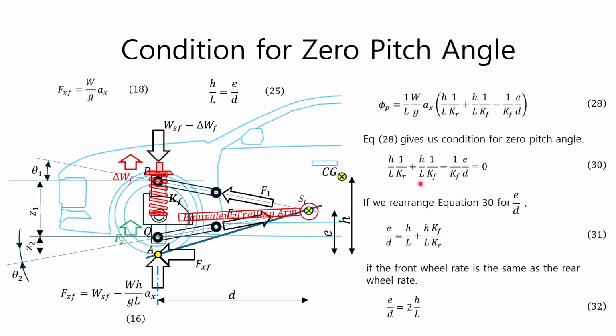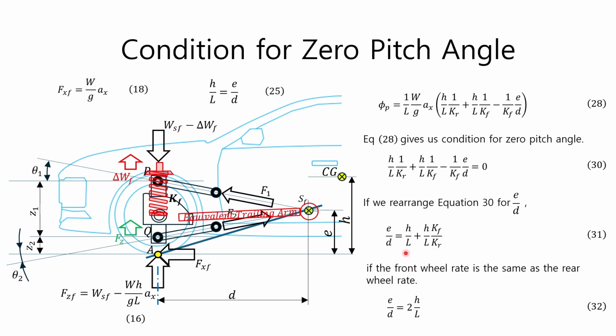If we rearrange equation 30 for the ratio of E to D, we can obtain equation 31. The first term on the right side of equation 31 represents the condition for the anti-lift of equation 25 obtained previously. As explained earlier, in general suspension geometry, the condition for zero lift is not the condition for zero pitch angle.